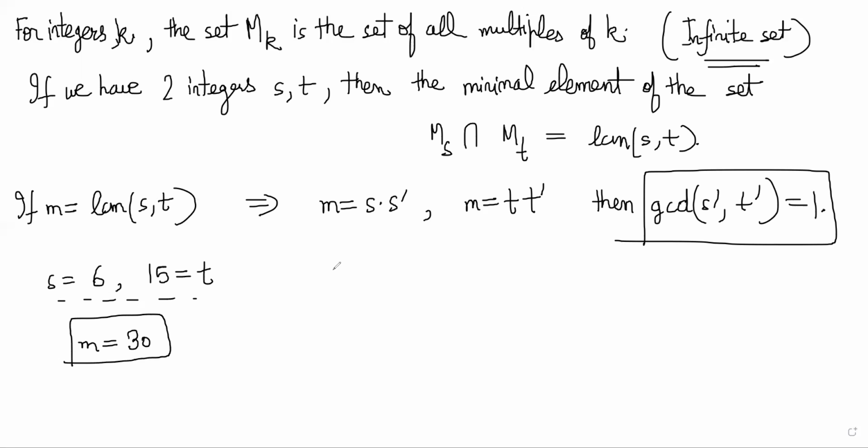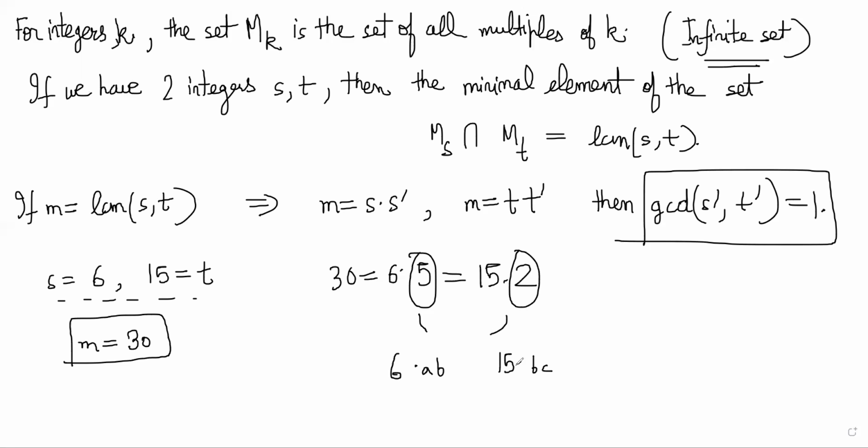Now you can easily say that 30 is equal to 6 into 5 and is also equal to 15 into 2. Now notice that 2 and 5 have no common factors, right? If they had a common factor, you could actually have taken that common factor out and you would have gotten a smaller value of LCM, right? So if this was some 6AB and 15BC, you would have said 30B is equal to this is equal to this.